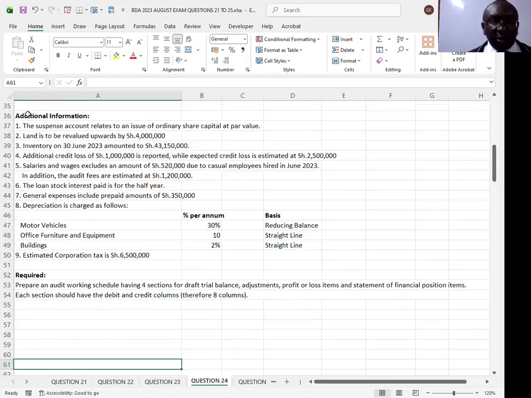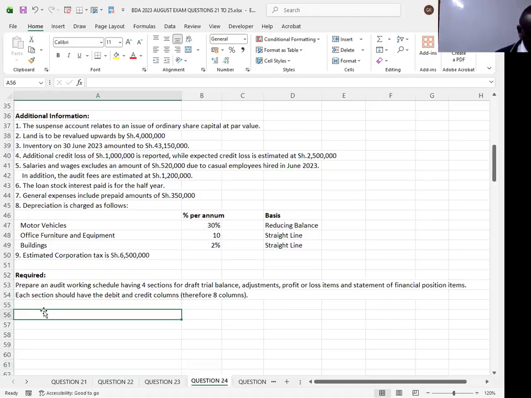Now you are told to prepare an audit working schedule having 4 sections for draft of balance, adjustments, profit or loss items, and statement of financial position items. Each section should have debit or credit columns, therefore 8 columns. So let's come and prepare that answer.